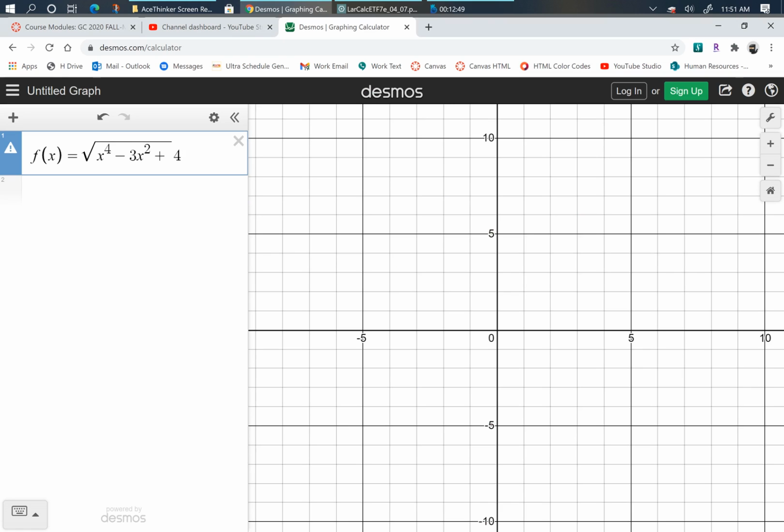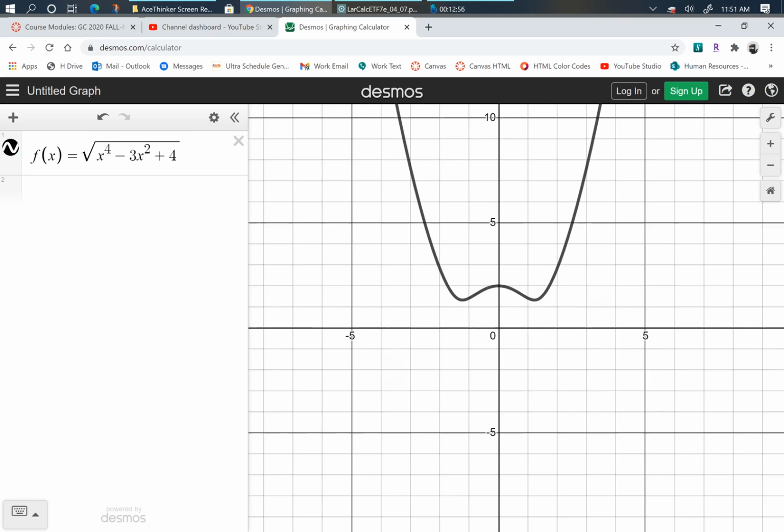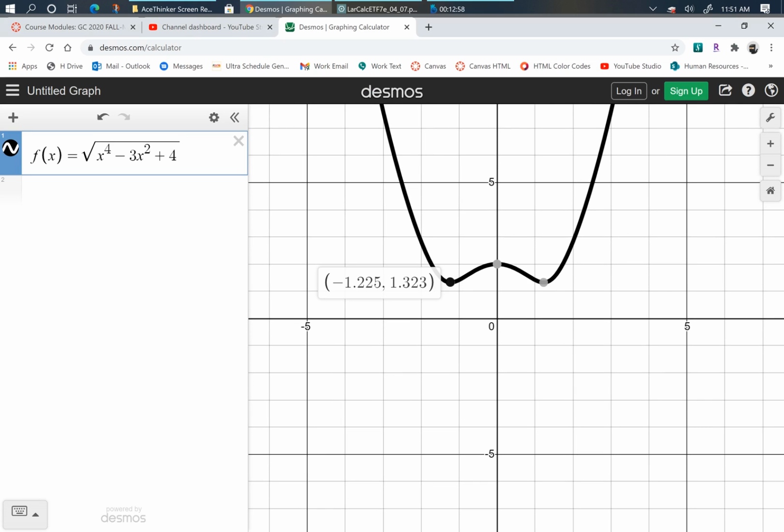Wait a second. Is that 4 still under that root? Plus 4. There, it's under the root. You'll see that this graph has minimums at negative 1.225 and positive 1.225, which are negative root 3/2 and positive root 3/2 respectively.